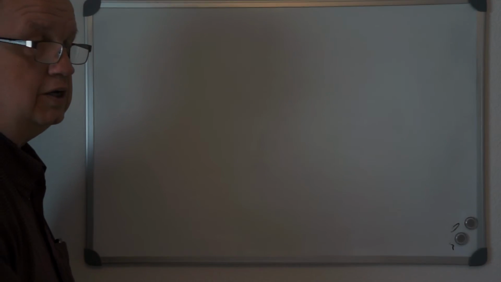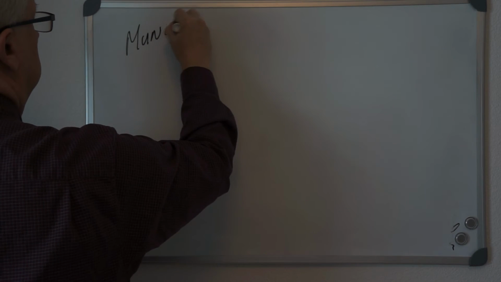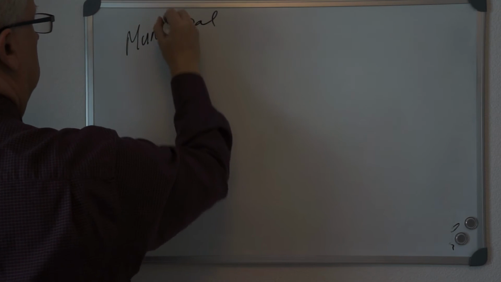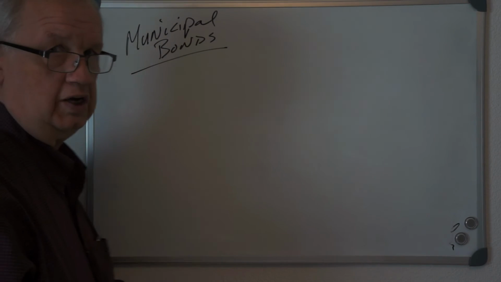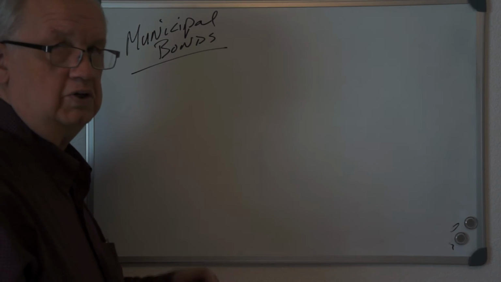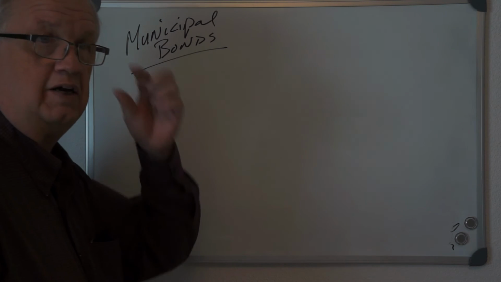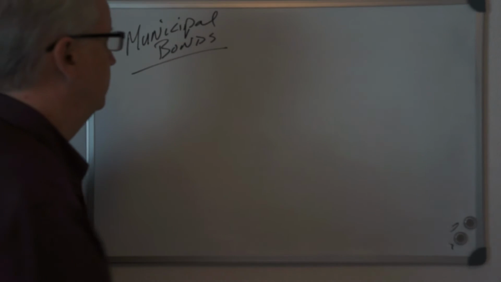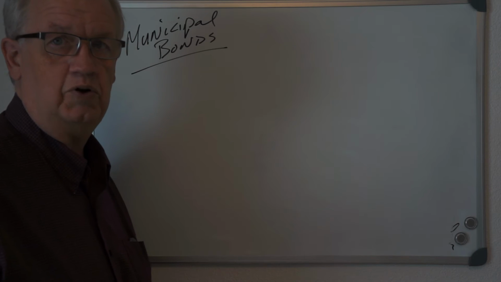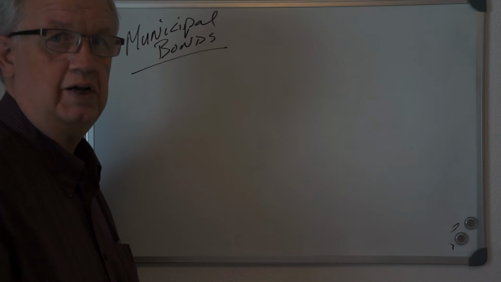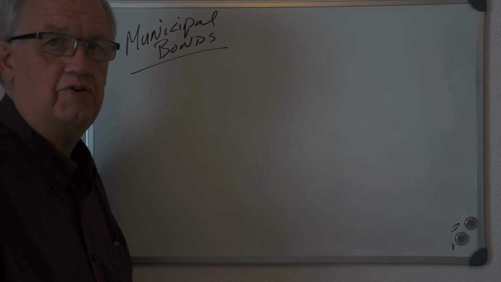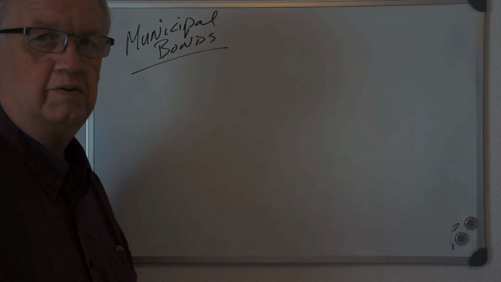So, the next situation we need to know is municipal bonds. These are from your state and local taxing authorities: your city government, county government, state government, the school district, the project for the community center, the toll road, the dam that they're putting in, and they're going to generate revenue from electricity.